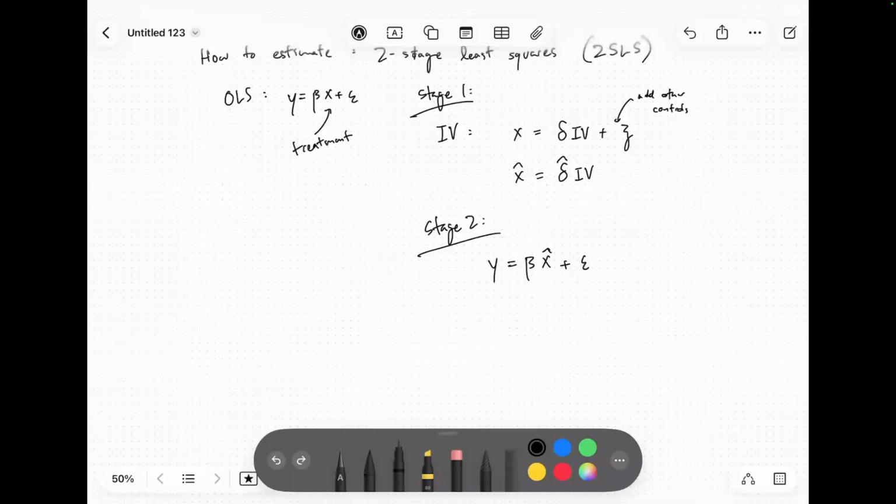One moment while I upload this data. And this is just the example that we've been talking about, so we will be looking at the effect of this cigarette tax.